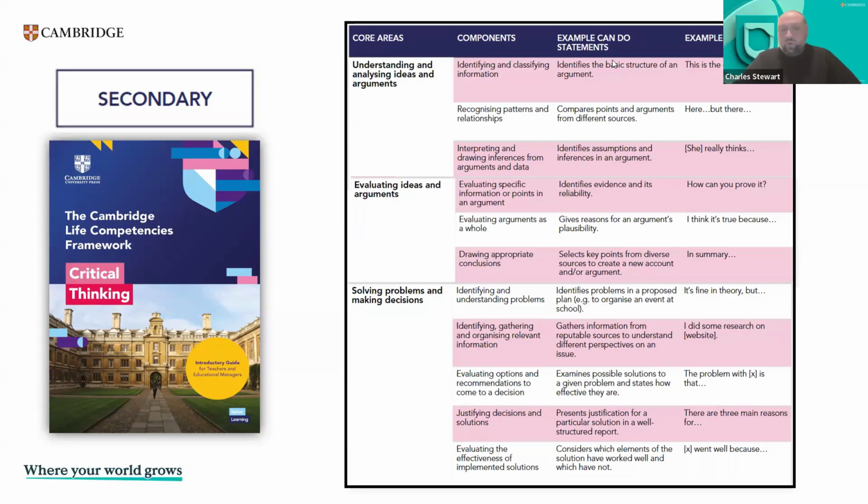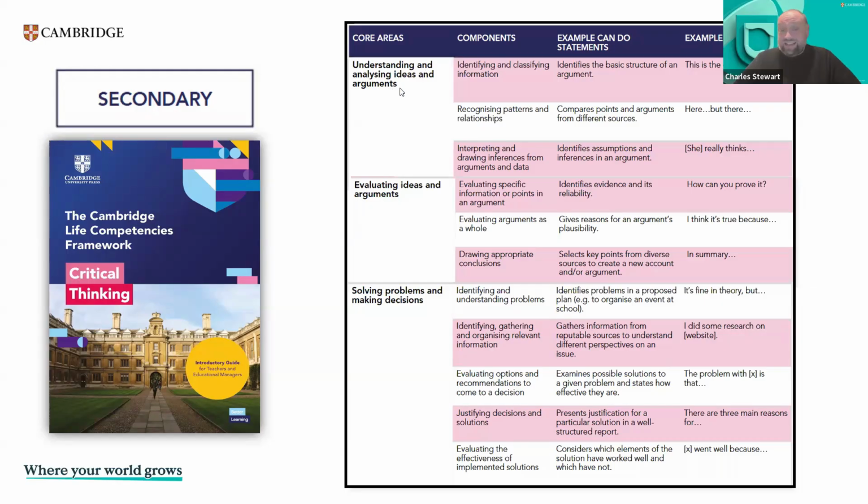So if we look at the critical thinking specifically for secondary learners, this chart is an example of the core areas that make up critical thinking. We have understanding and analyzing ideas and arguments, evaluating ideas and arguments, and solving problems and decision making. For each of these core areas, as you can see on the screen, they're also broken down further.